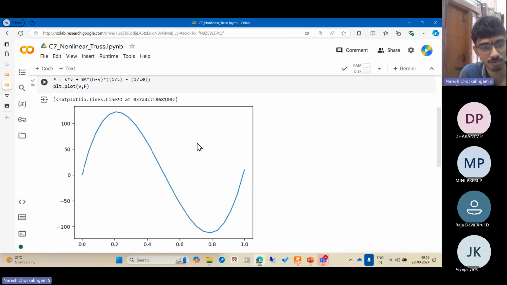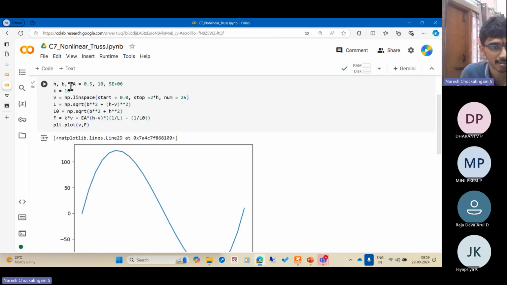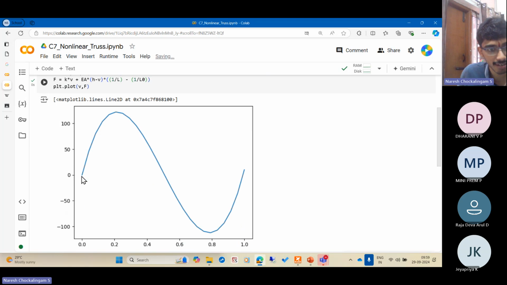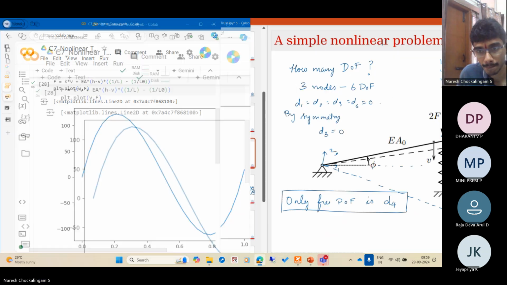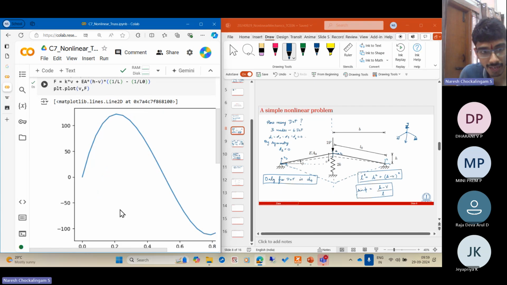So this is the response, for a small k, it's for k equal to 10. You start in this fashion. Initially, it looks something like linear elastic. Then it reaches a maximum force. So at some point, where h is 0.25 around that time.